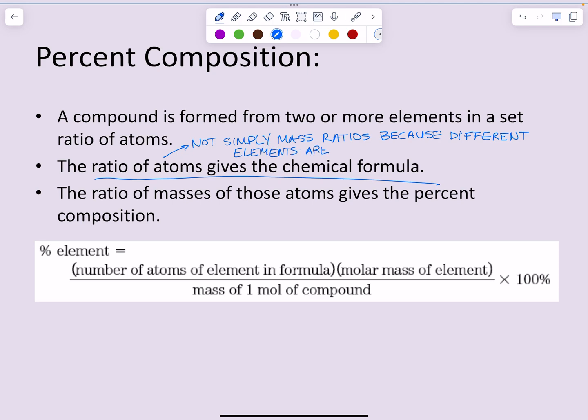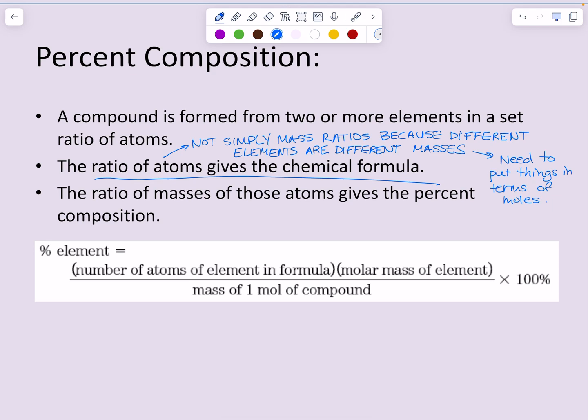So we have to put things on a comparing apples to apples basis, and the apples in this case is how many atoms are there, okay? Different masses. So we need to put things in terms of moles. Okay.